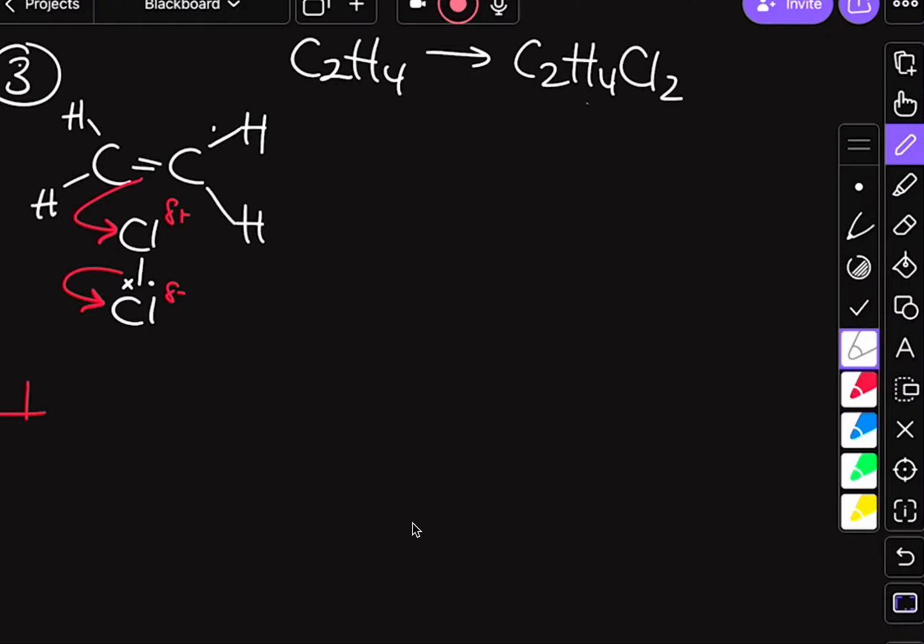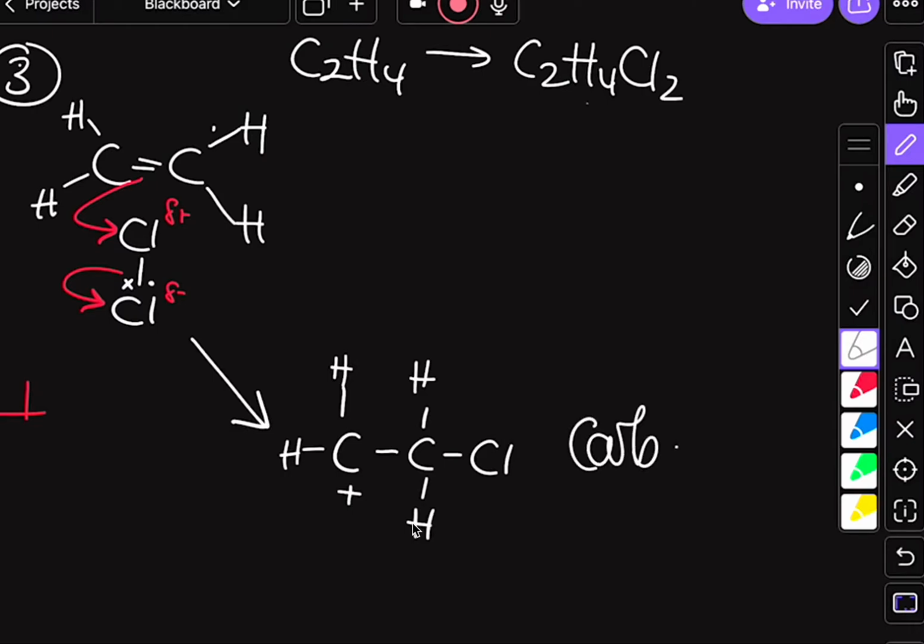In our second diagram then, we show the carbocation that's formed. In this case, the carbocation can also have a different name. When we added bromine to a carbocation, it was called a bromonium ion.